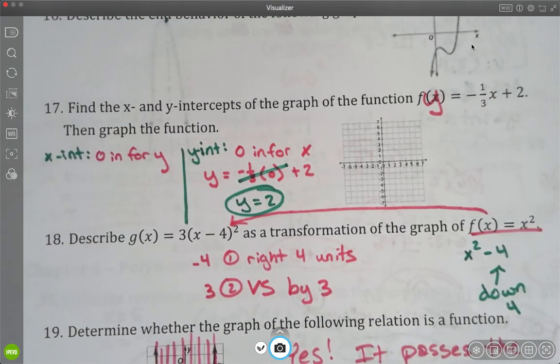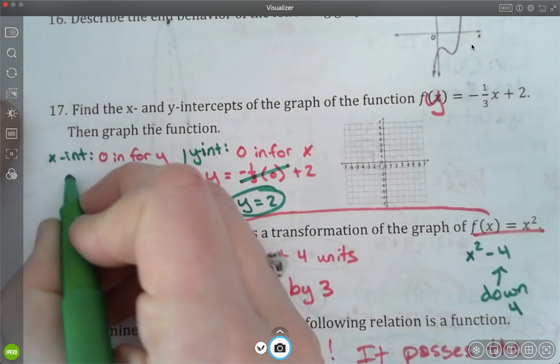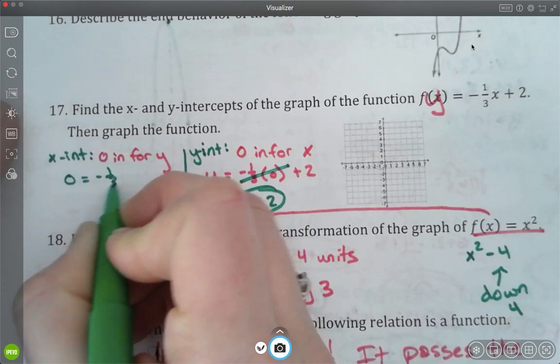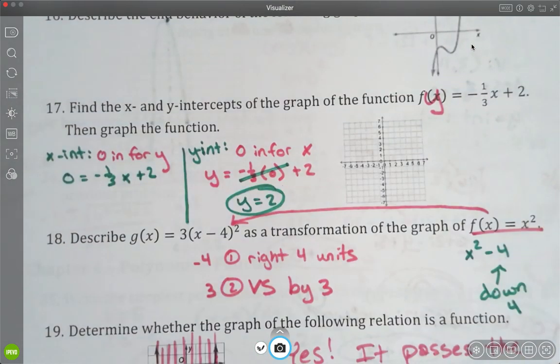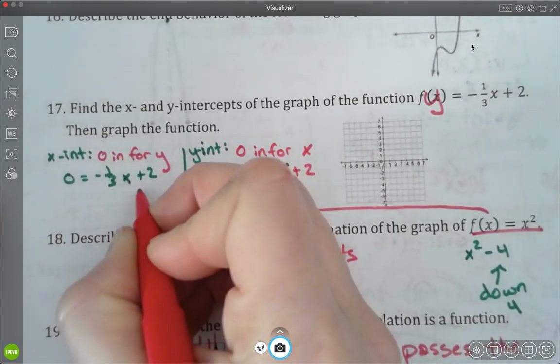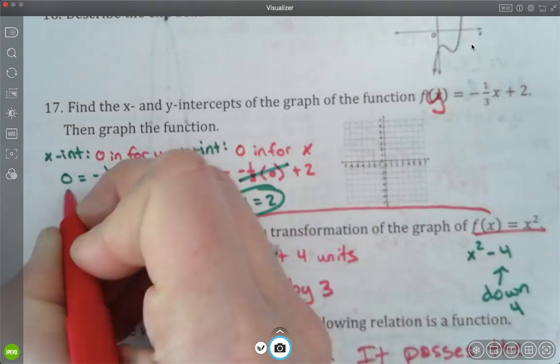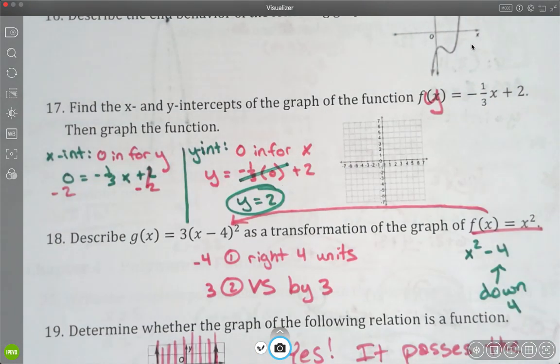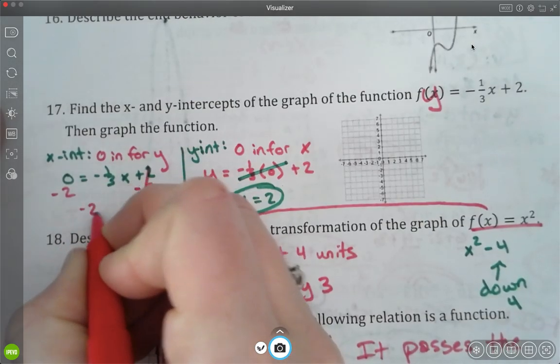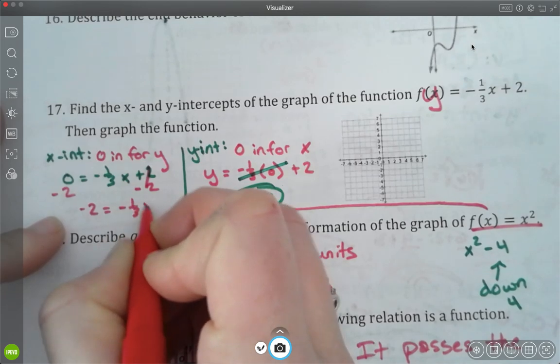Good? Okay, now we're going to plug 0 in for y on the other one. So 0 equals -1/3 x plus 2. All right, and then what? Move the x to the other side. We can move, yeah, let's go ahead and subtract 2. Let's move the 2 over. If you move the 1/3 x over to the other side, you're going to get the same answer, right? So now we have -2 equals -1/3 x.